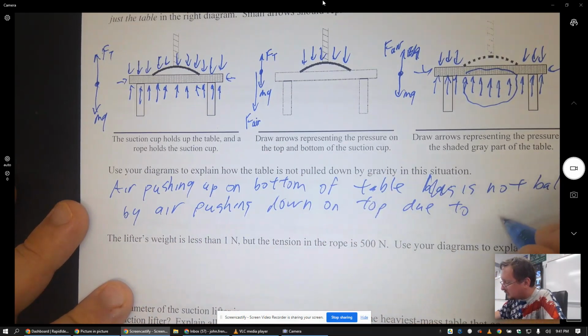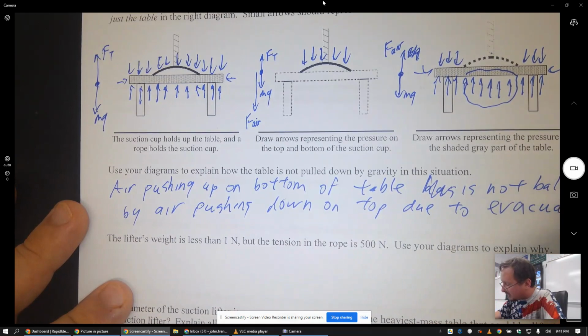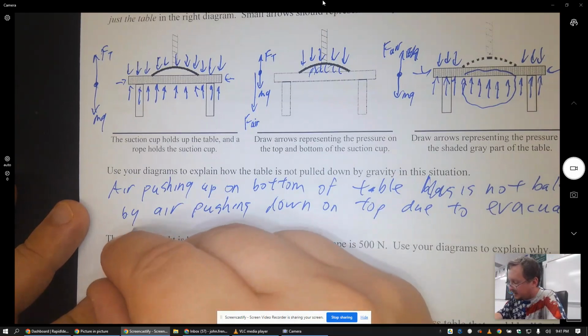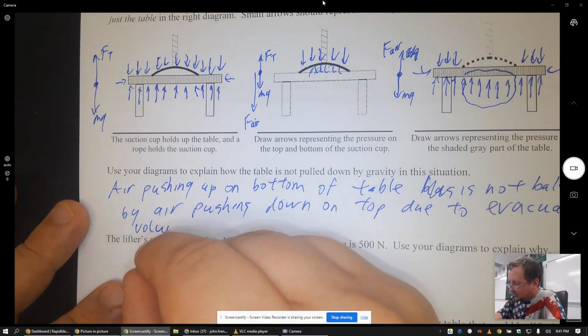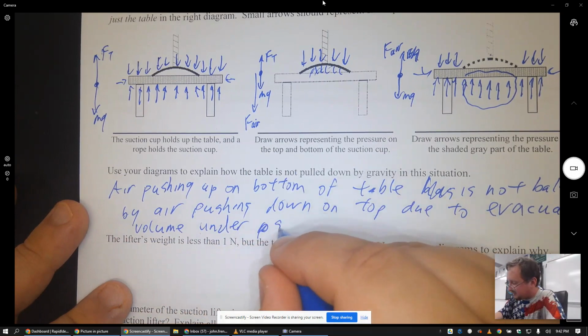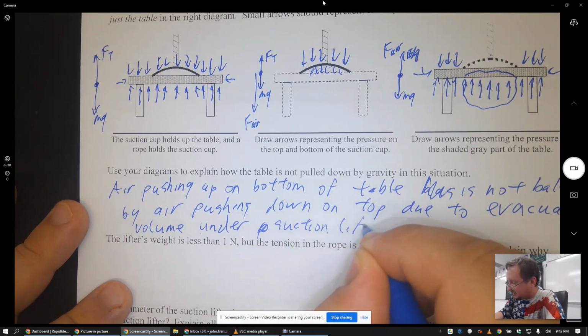Due to the evacuated, or whatever you want to call it, the vacuum that's in here. That's a vacuum right there. You see that? Evacuated volume under the suction lifter, right?